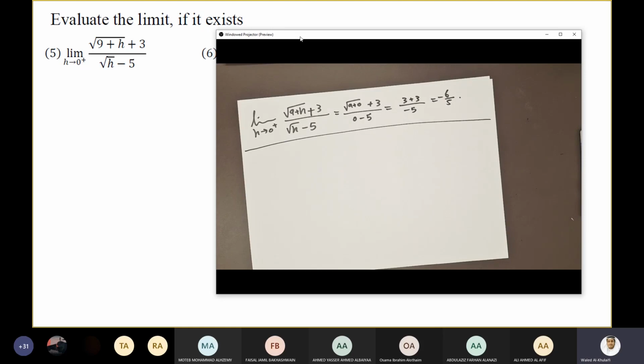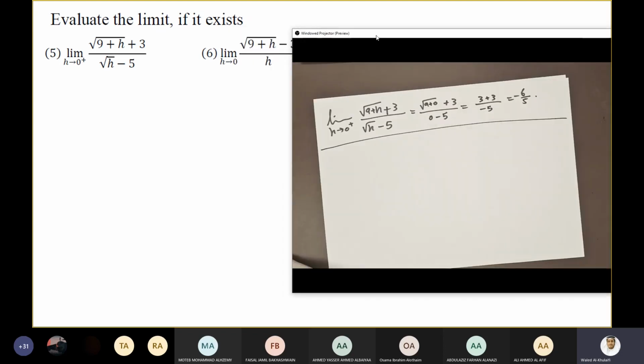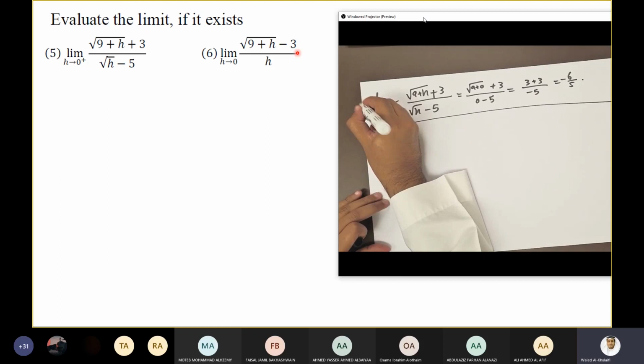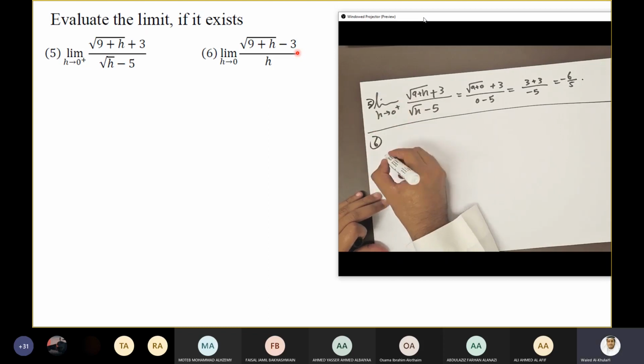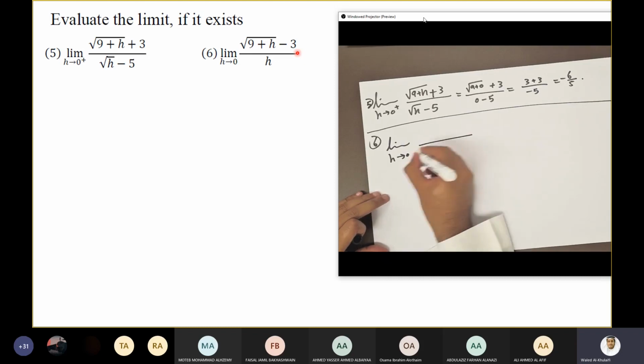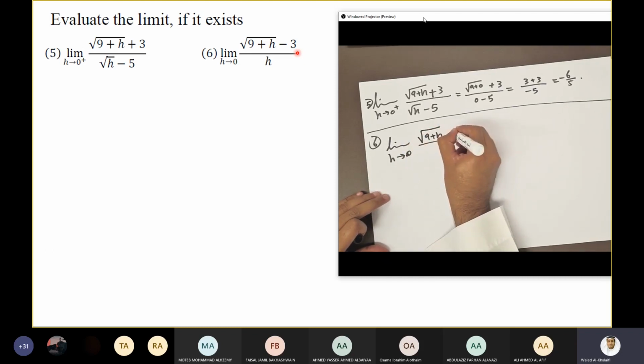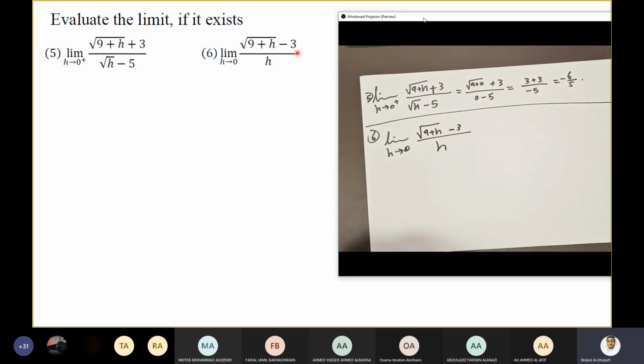You see, Shabab? So the conjugate comes into play if there is a problem in the expression. For example, number 6. This is 5. Number 6. I want to calculate the limit as h approaching 0 of root 9 plus h minus 3 over h.